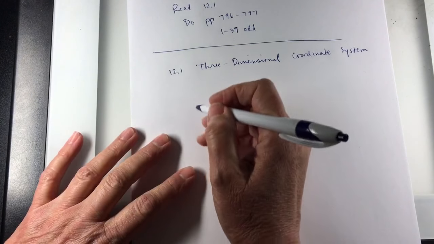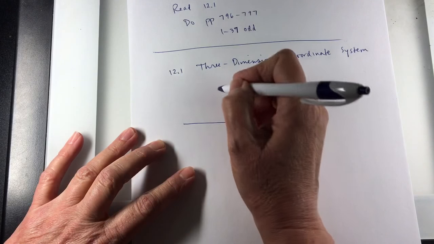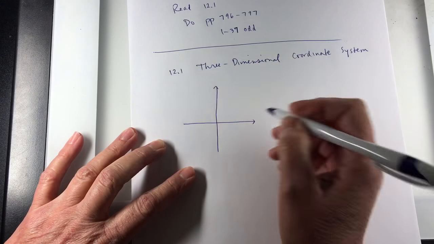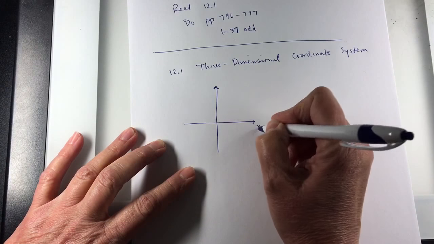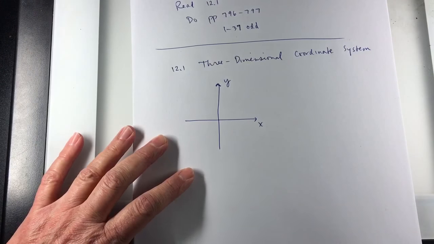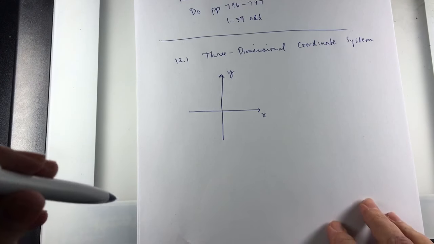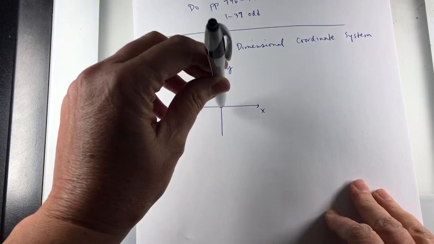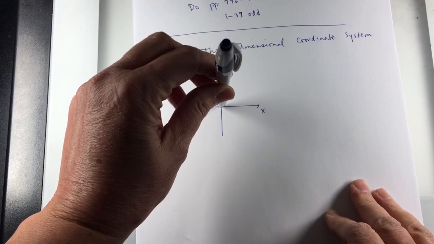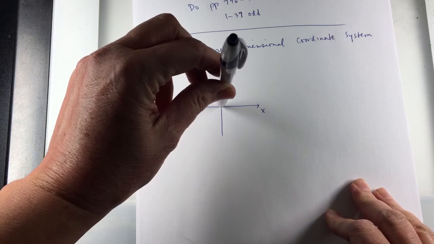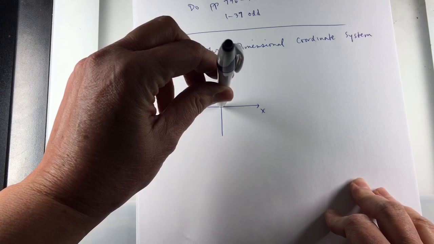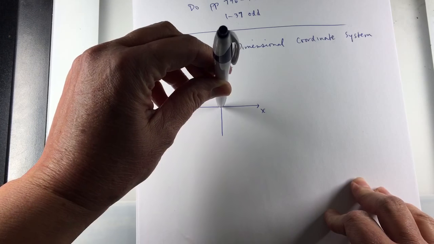And I'm just going to draw the XY axis here. So this XY, that's in 2 space. And I'll take a third line and go right through the middle with it. That's going to be the Z axis. So that will give me 3 dimensions.